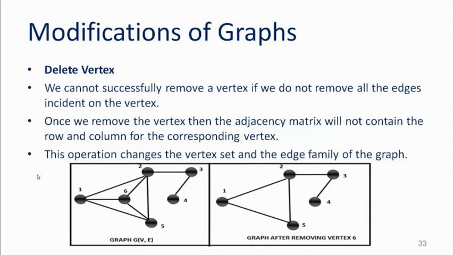Once we remove the vertex, the adjacency matrix will not contain the row and column of the corresponding vertex. The reason is we are going to remove the incident, that is, connected edges also. This operation changes the vertex set and then the edge family of the graph.